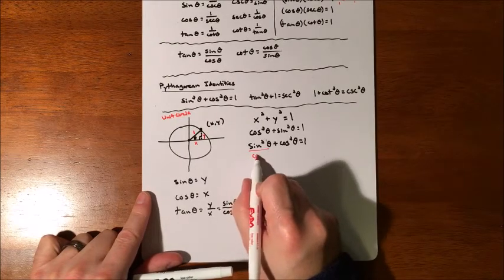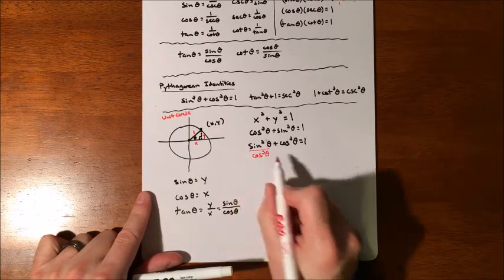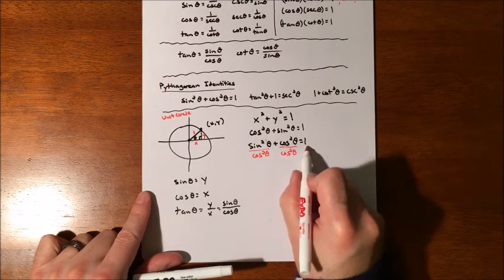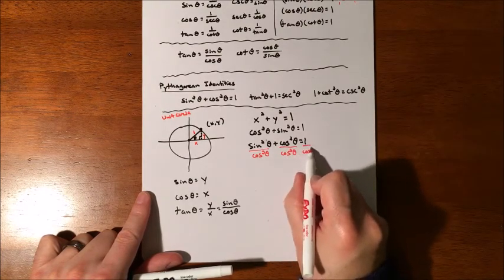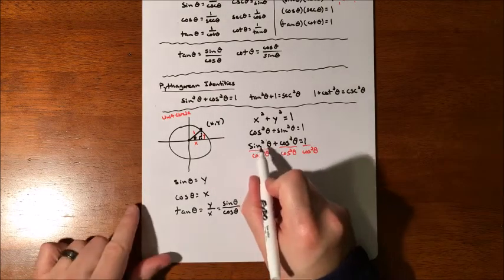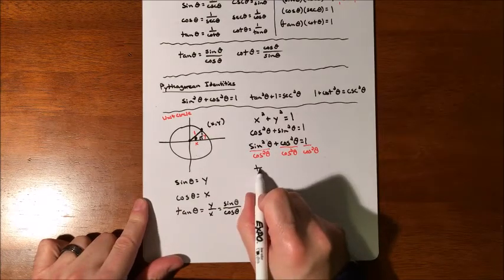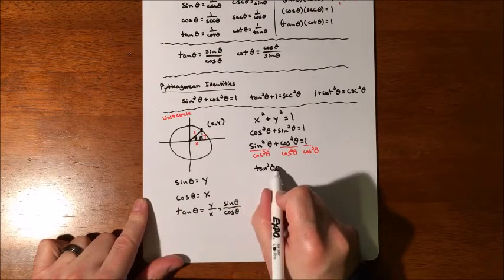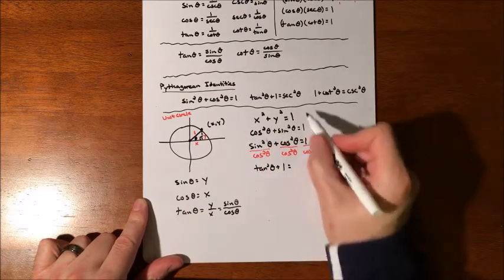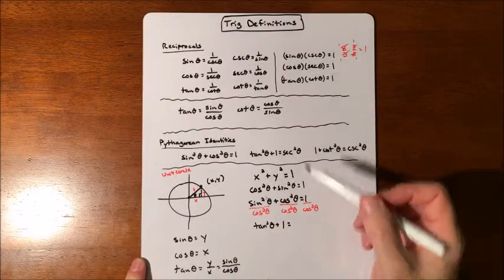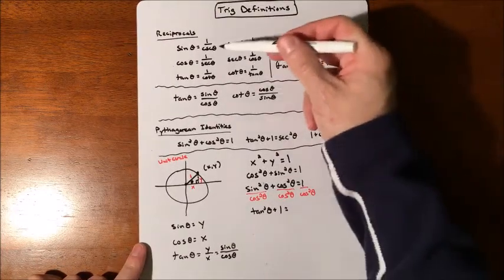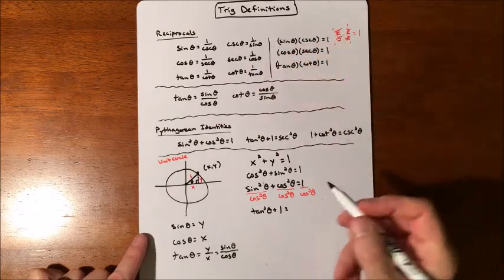So I divide by cosine squared, and I have to divide everything by cosine squared. As long as I divide everything, I'm keeping an equivalent statement. Sine squared over cosine squared is tangent squared. And then the 1 comes from these two. And the secant comes from this idea back up here: if we have a denominator of a cosine, we can bring it up, and it turns into secant.